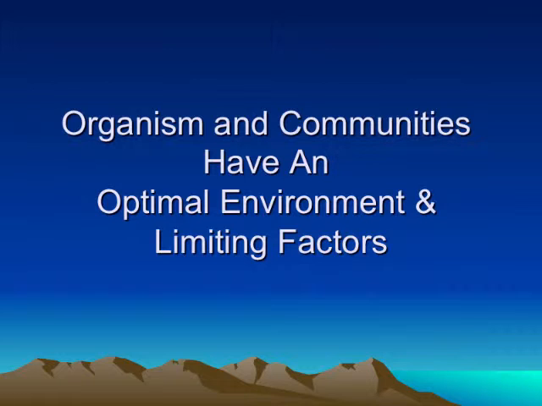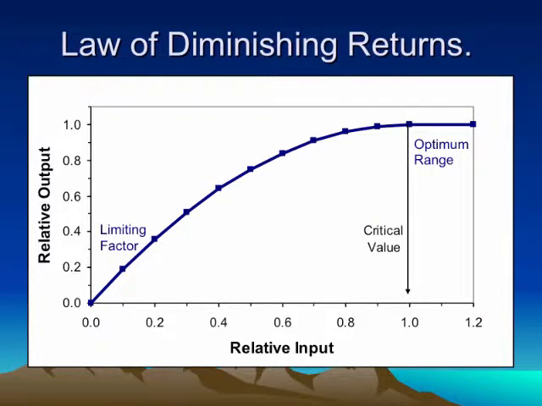So, all organisms and communities, and a community is a group of organisms that live together, have an optimal environment, and they have limiting factors. It comes back to the old diminishing return curve. I'm sure Groover's shown you this somewhere in the years: as you increase an input that is a limiting factor, over here on the left-hand side, we'll come to some point where it's in the optimum range and we get no more value from adding that input.